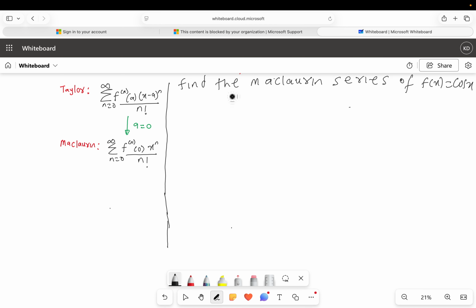Now we want to find the Maclaurin series of f of x is equal to cos x. As stated earlier, Maclaurin series is just a special case of Taylor series where a is equal to 0.